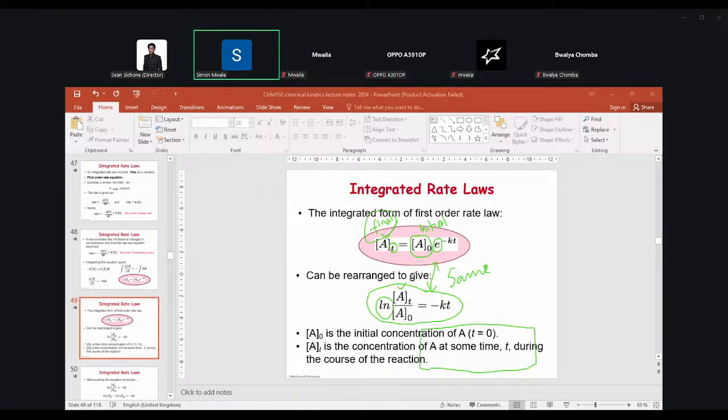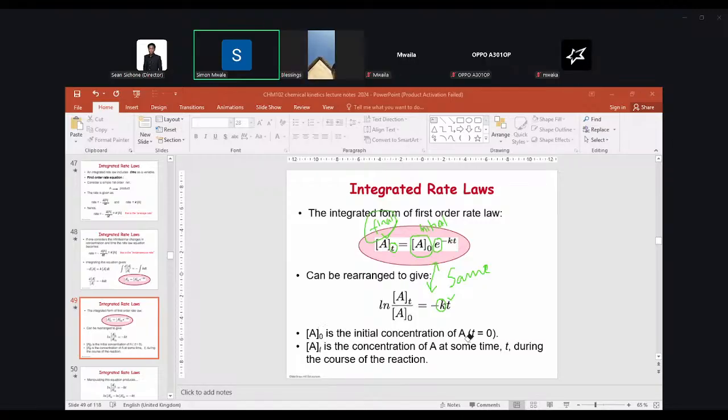Same applies to this equation. This is what these two mean, where K is a rate constant and t is the time that you are dealing with. I've put this explanation down here. You can see I'm saying A0 is the initial concentration of A at time 0.